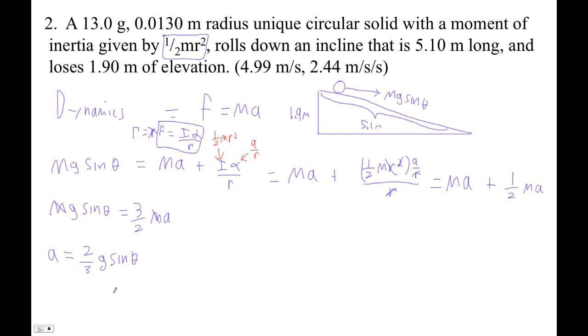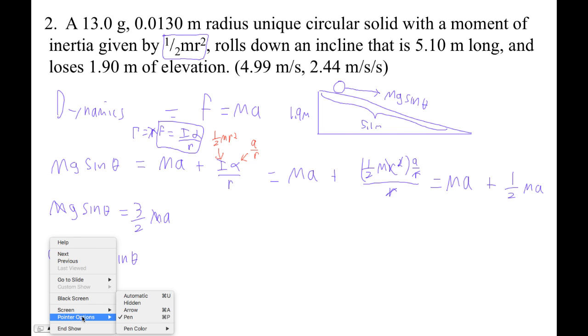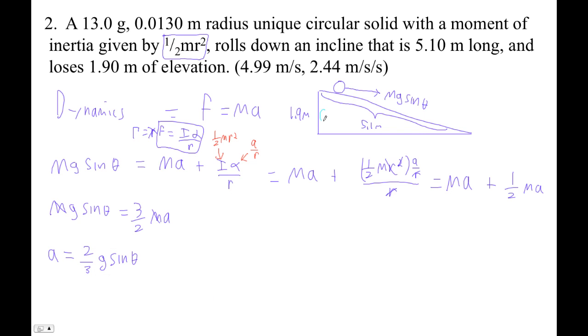Okay. And then remember this side here. Let's try a different color. Let's try cyan. This is our opposite side, and this is our hypotenuse. And sine is opposite over hypotenuse. So the sine of that angle is 1.9 over 5.1.